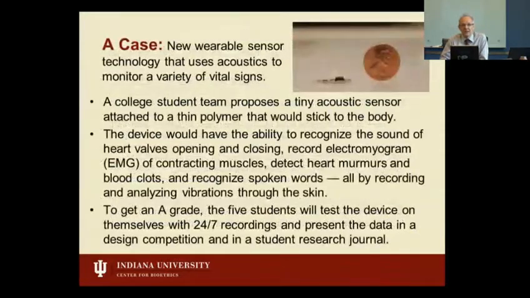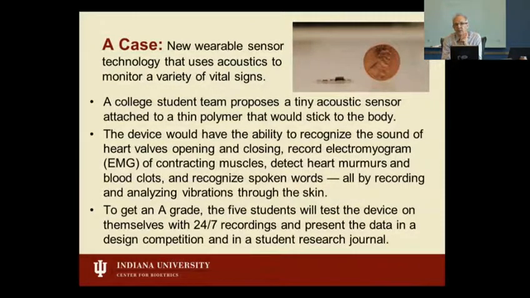So here's a case that I thought would be useful to think about as we're going through some of these discussions. A new wearable sensor technology has been developed that uses acoustical sensors to monitor human vital signs. A college student team proposes to use a tiny acoustic sensor attached to a thin polymer film that will stick to the body and can stay there.